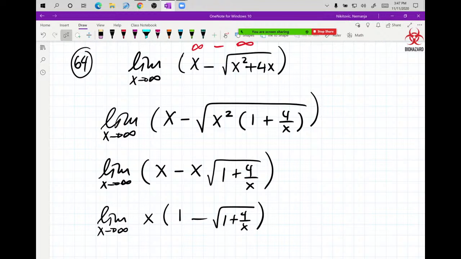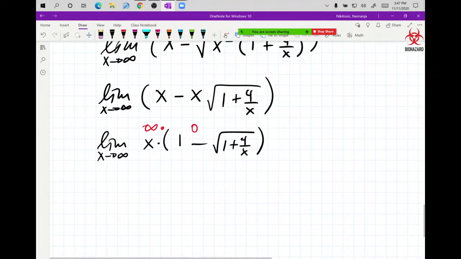So every single step you guys see here is an algebra step. We were set on getting the multiplication because now when I plug in infinity, what I have is infinity times 0, and I know how to deal with infinity times 0. Now, why is the parenthesis 0? Well, when you plug in infinity here, 4 over infinity is 0, and then all you have is 1 minus 1. So 0, right?